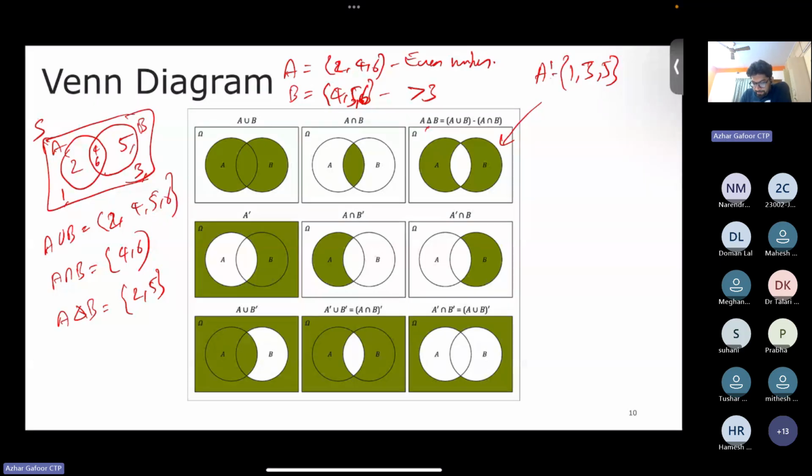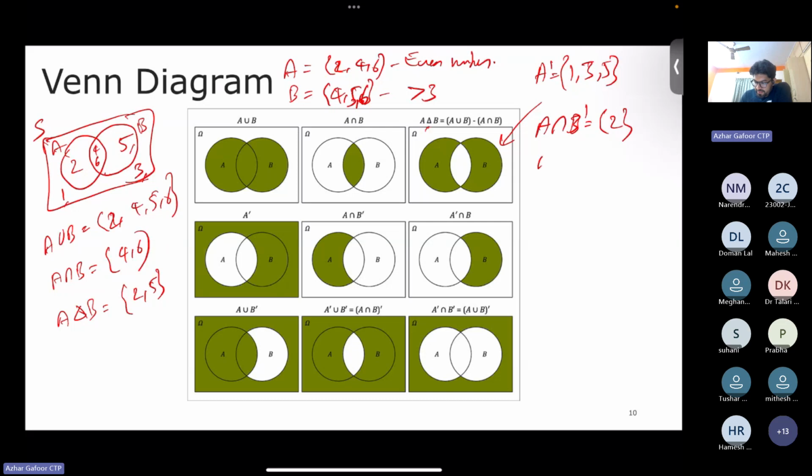Then similarly, A intersection B complement. That will be the elements that are exclusive to A, so that will have only one element, that is 2.